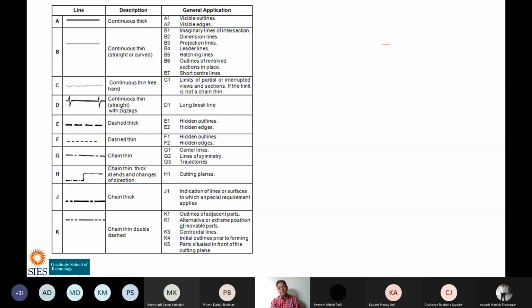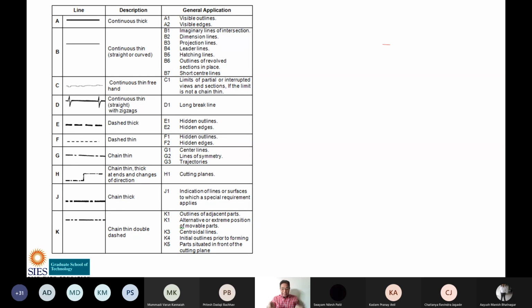Generally, in industry, a design engineer is sitting somewhere in some room, and he wants to tell the worker to machine this for whatever dimensions are given. Every time he will not come and tell the worker. So he will prepare a drawing, and that drawing will be given to the worker.